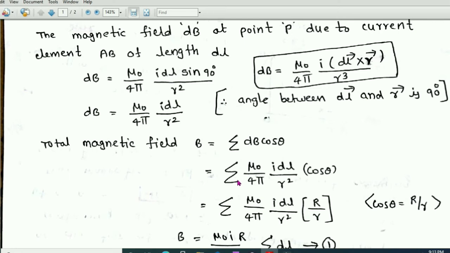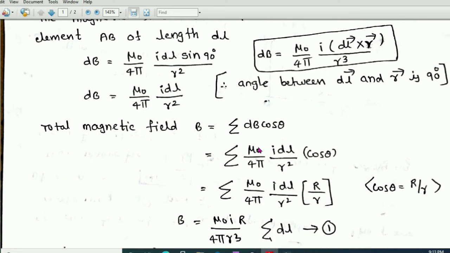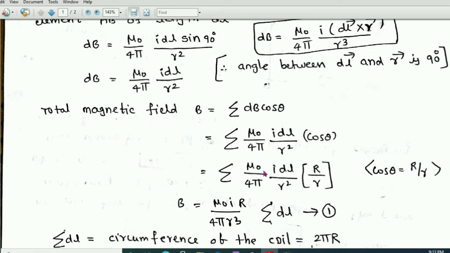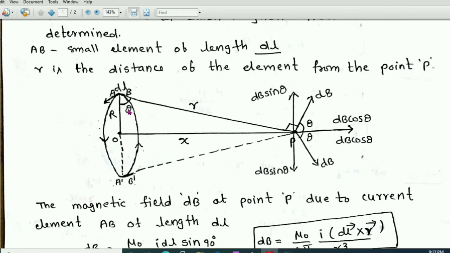Now, dB we have already determined: that is mu naught by 4 pi, I dl by r square. Let us substitute dB, mu naught by 4 pi I dl by r square, into cos theta, and write the sigma as it is. Now cos theta, from the figure: this is theta, and because of symmetry, this angle will also be theta.